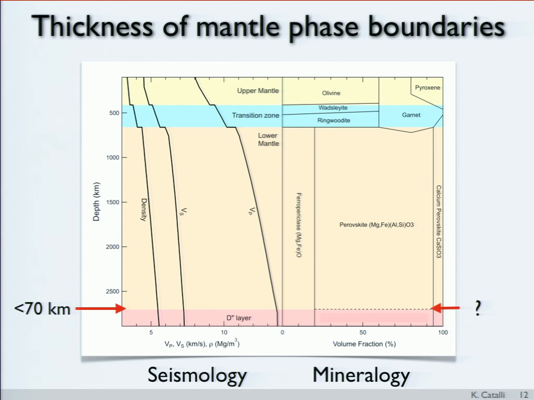And then if we look down at the D double prime discontinuity, seismically it's been constrained to be less than 70 kilometers. So if we want to be able to explain this with the mineralogy, we have to have compositions that make sense for the Earth, for perovskite and post-perovskite, that can explain this thickness, that have sharp enough transitions that can be used to explain this.